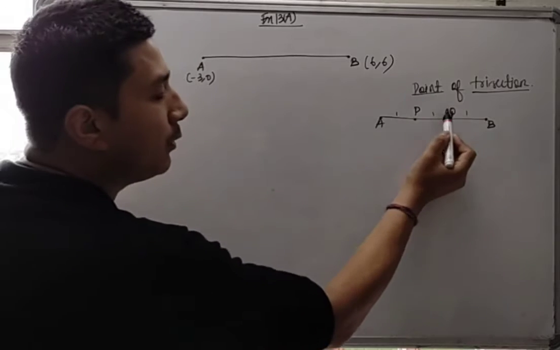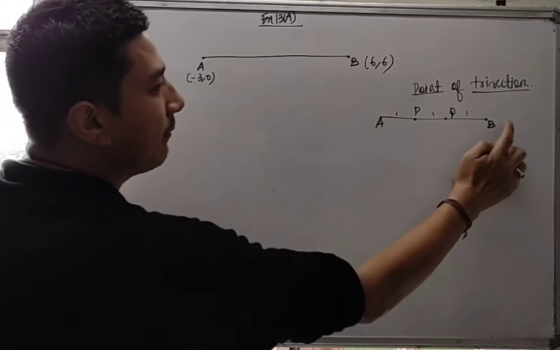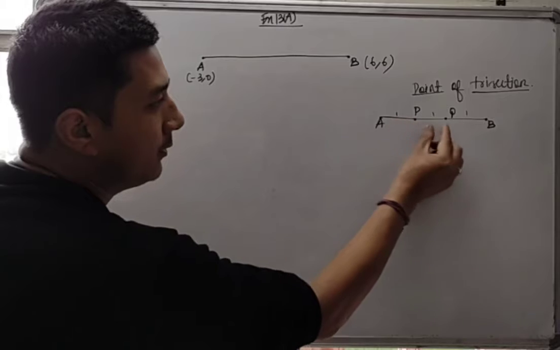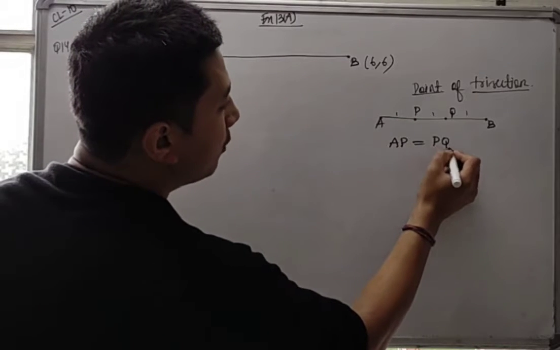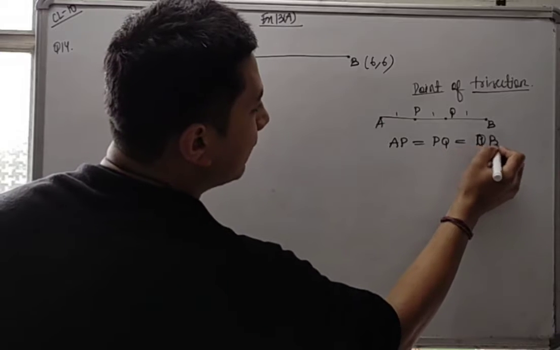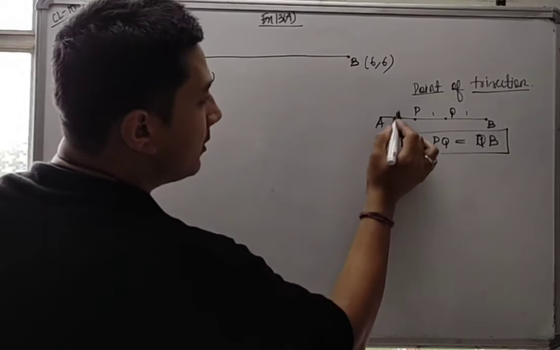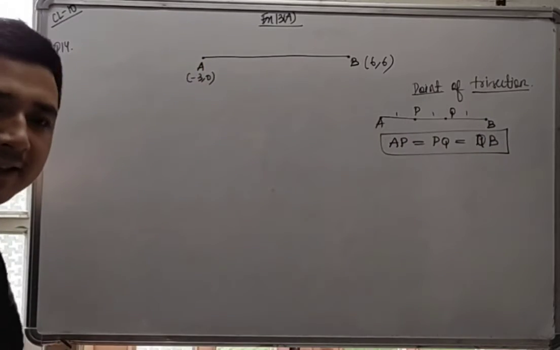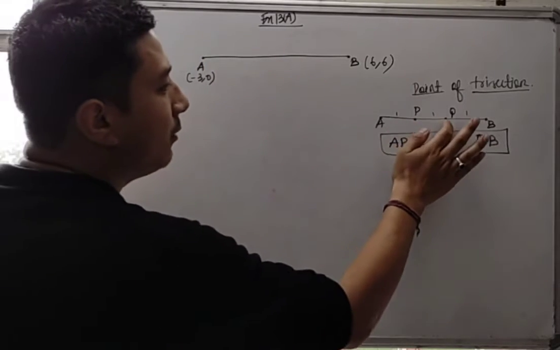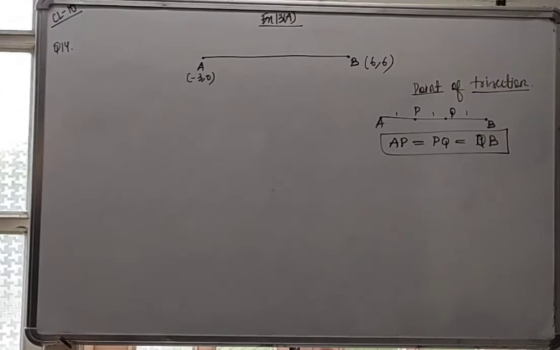Because P and Q divide this line segment AB into 3 equal parts, 1, 2 and 3. Here AP will be equal to PQ will be equal to QB. Am I clear, boys? This length should be equal to this length and equal to this length. If this happens, then P and Q are called the points of trisection.